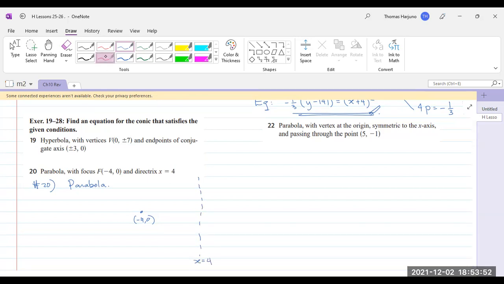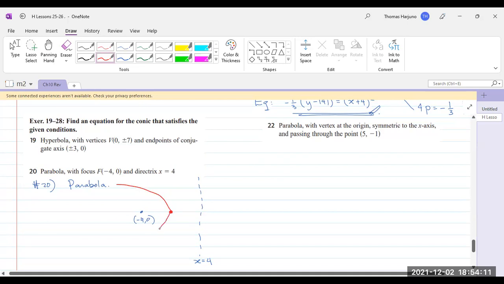Now you know that the vertex has to be in between, right? It must be in between the directrix and the focus. Of course, from here we see that the parabola should open this way, right?